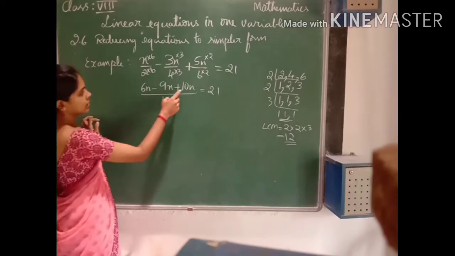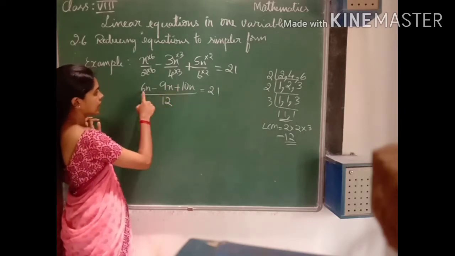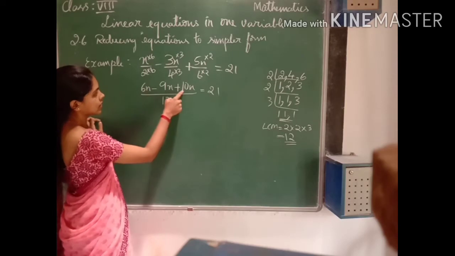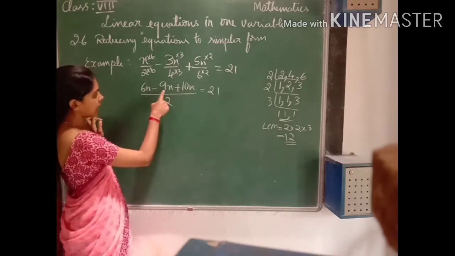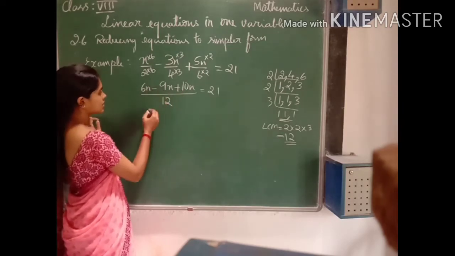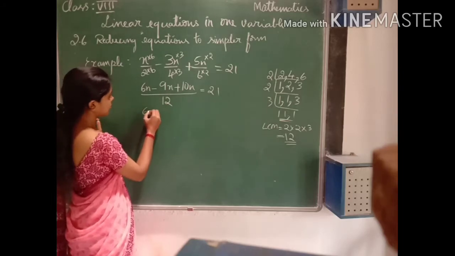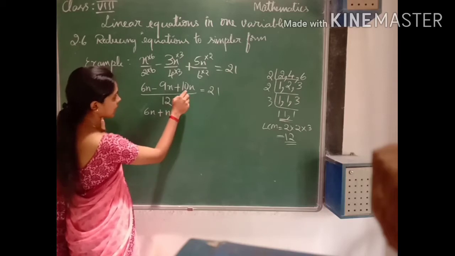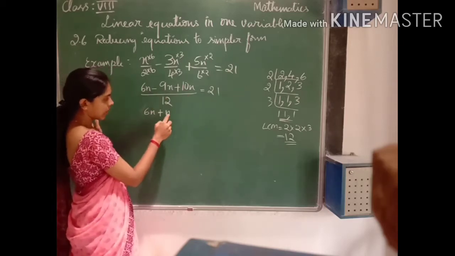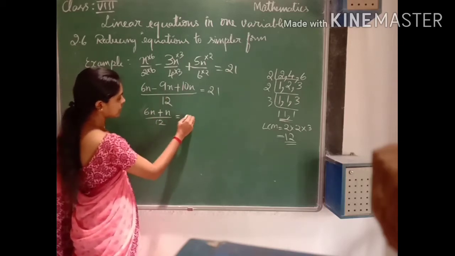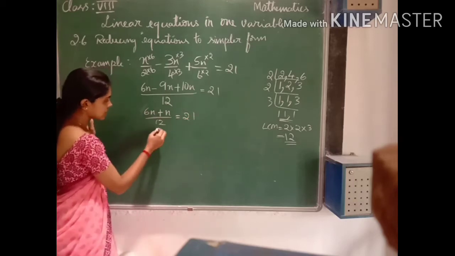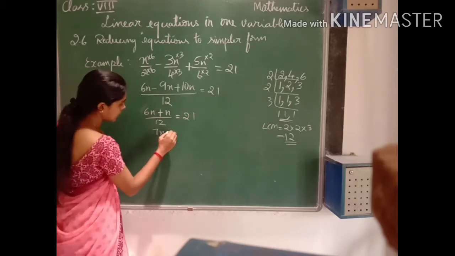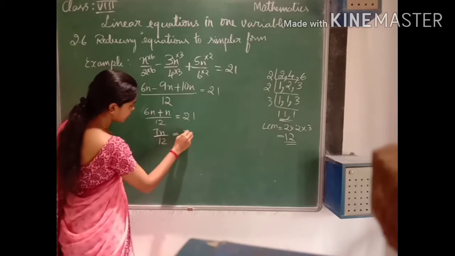Then 10n minus 9n is equal to n. 6n plus n is equal to 7n by 12 is equal to 21.